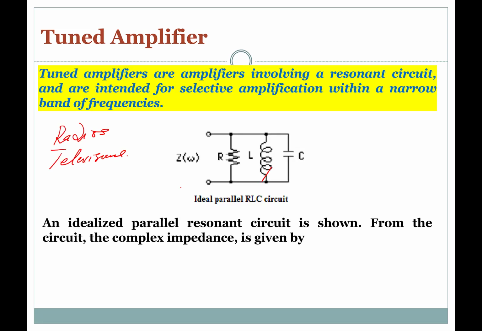Radio and TV amplifiers employ tuned amplifiers to select one broadcast channel from among the many concurrently induced in an antenna or transmitted through a cable. So like I said earlier, tuned amplifiers are amplifiers involving a resonance circuit and are intended for selective amplification within a narrow band of frequencies.